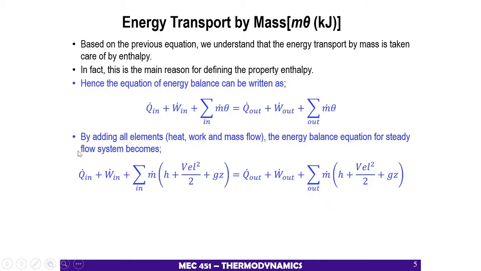This is the inlet, this is the outlet. Students need to differentiate which is the outlet: either the heat being introduced to the system, or losses we assume as out of the system, or work being produced or work needed. We assume work needed as work in, and work produced as work out.